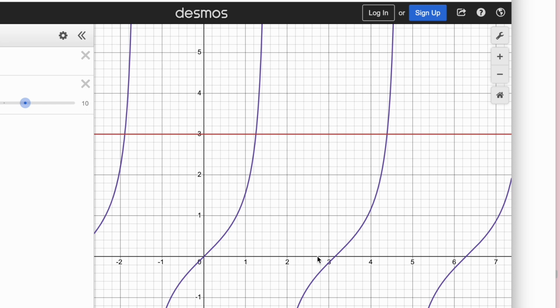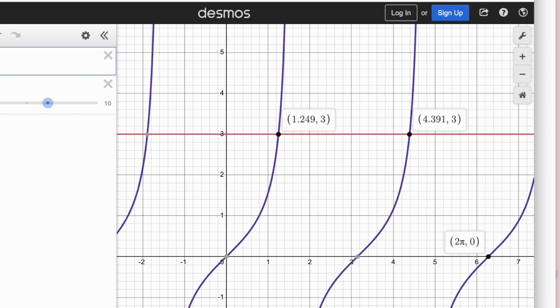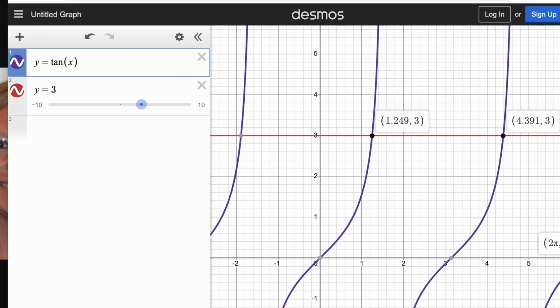So looking, my radians are down below here. 2 pi is going to be 2 times 3.14, so about 6. So down here again is where we're going to start. Here's 2 pi. So the two solutions between 0 and 2 pi are in fact exactly what we had indicated, 1.249 and 4.391 that we had indicated algebraically. So great tool to help us.